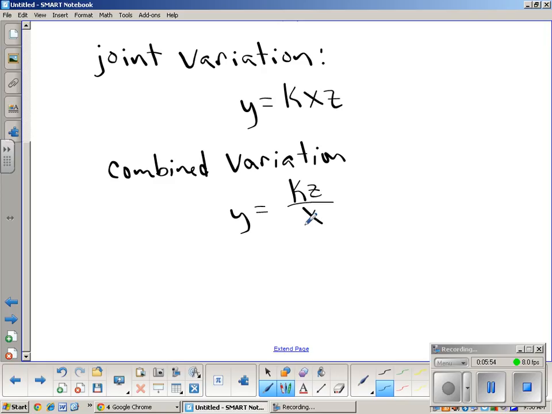So if they want you to write a model, to find the equation that models the situation, and they use the word jointly, then you're going to be looking at something like this. It might be different letters. It might be pressure and temperature and volume and all that kind of stuff. If they use combined, then you're going to be looking at something that has direct and inverse. And they may not say combined.